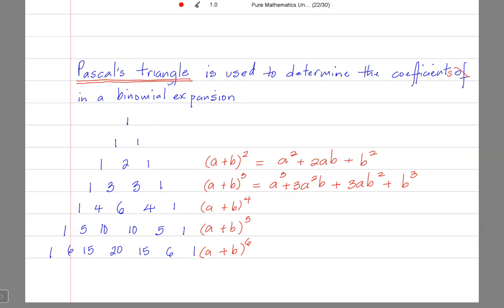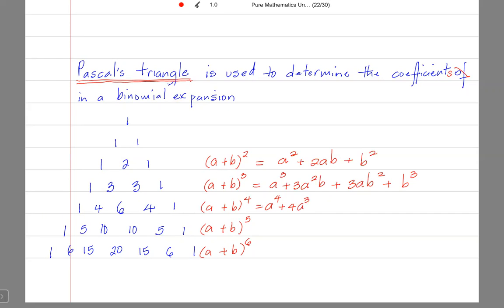Now, if I want to expand a plus b to the 4th power, assisted by the Pascal triangle, the first coefficient would be 1, and the last coefficient is 1. So the first coefficient and the last coefficient are always 1. So this is going to be a to the 4th power plus 4 a to the 3rd b.